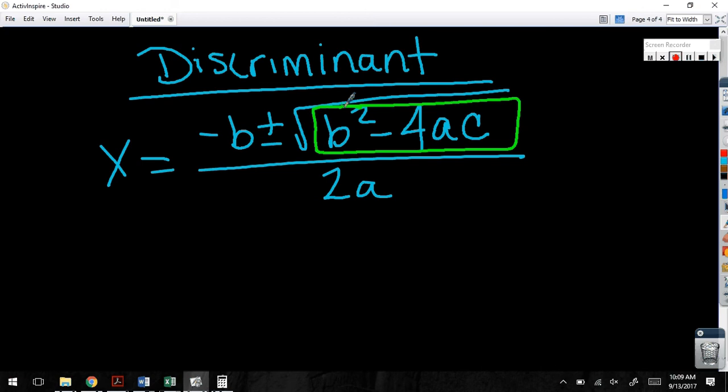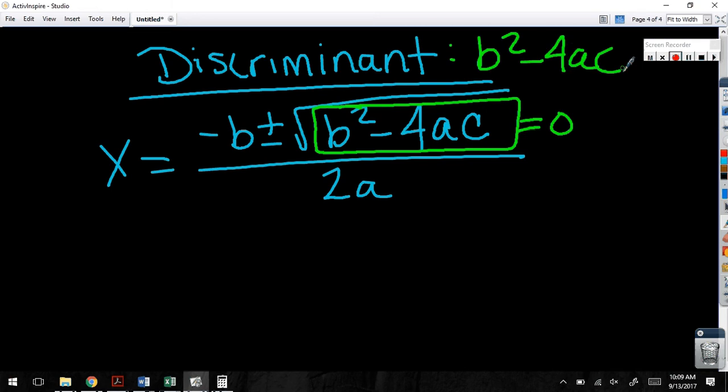Remember what that was? That equals 0. Exactly. If this ever equaled 0, we only had one answer. Well, that's this. What's circled in green here is what we call the discriminant.